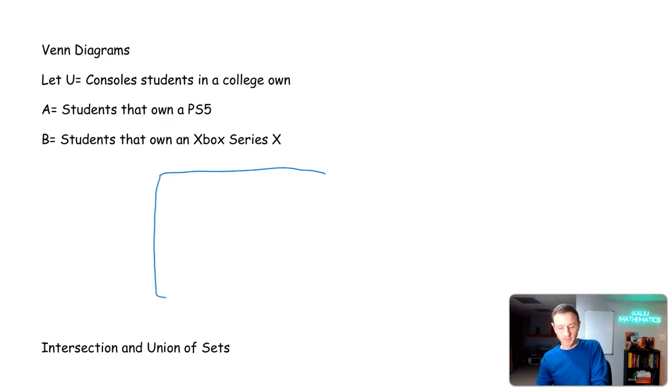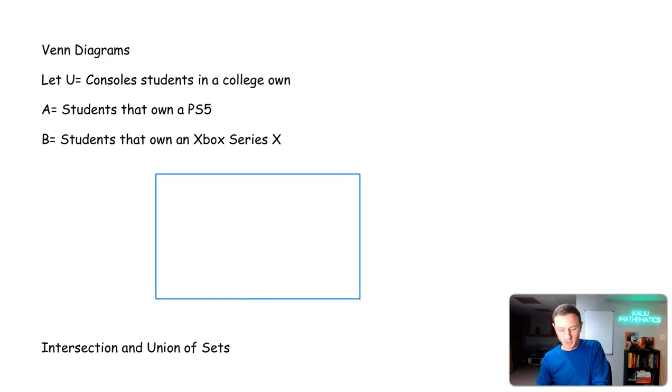So a Venn diagram would be, we have the set A. Then we have the set B. So set A is the set of the students that own a PS5.